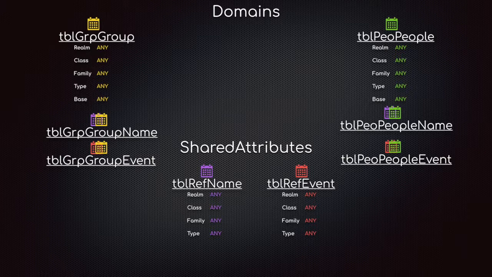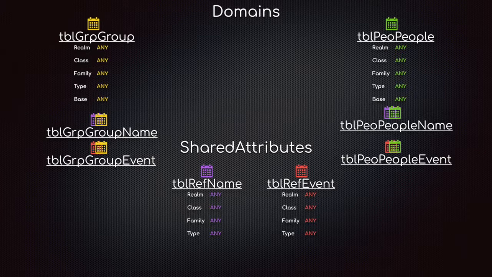So it will have its domain's parent ID, it will have the shared attribute type ID, and it will have other columns in there. So one of the things that we have to do is create a way to inject columns into the table during creation.